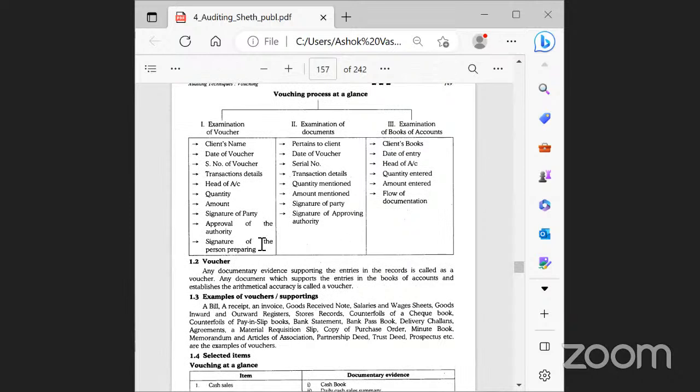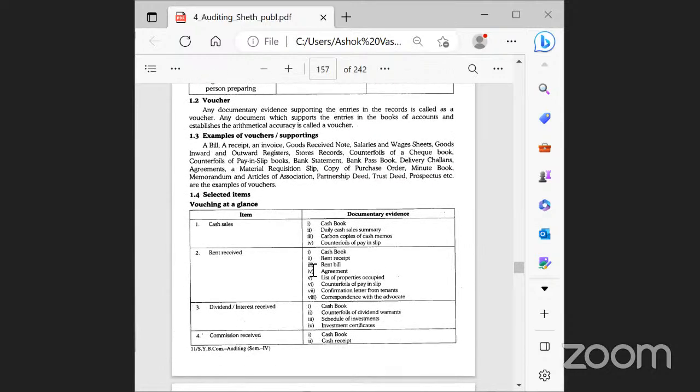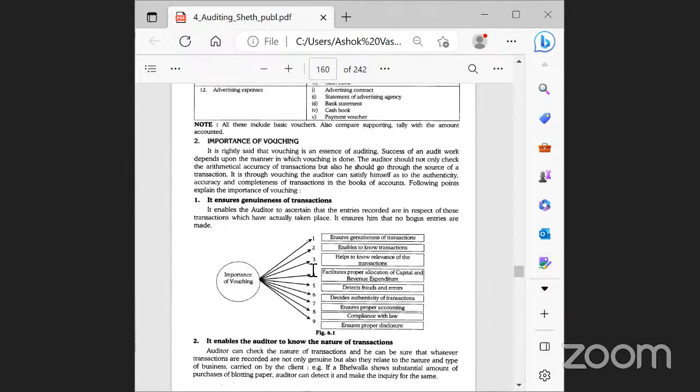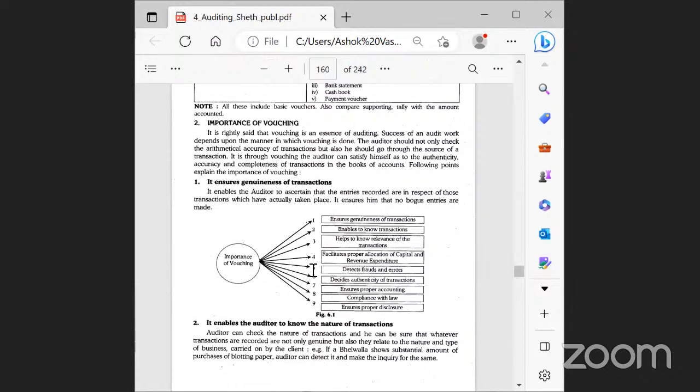What is the process of vouching? This is in a nutshell, at a glance, you come to know the entire process of vouching. Importance of vouching is important.